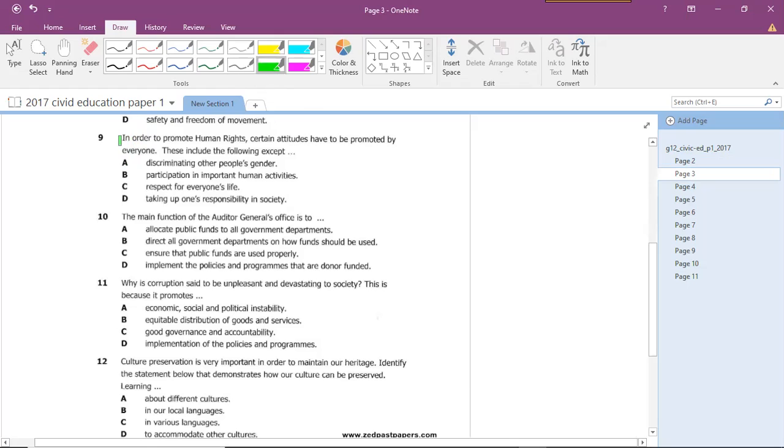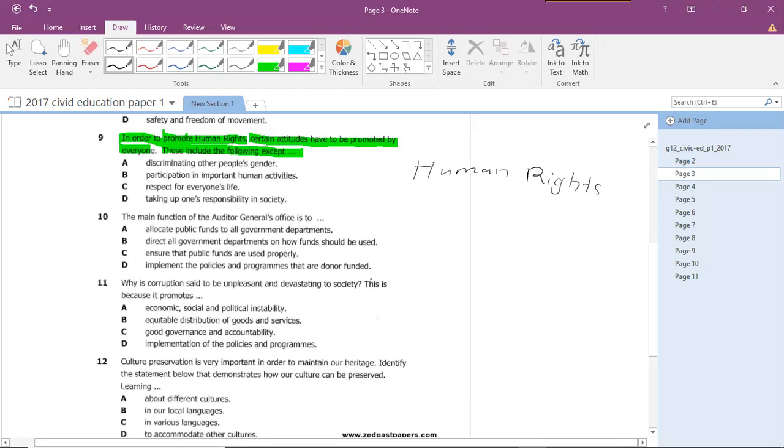Question 9 states that in order to promote human rights, certain attitudes have to be promoted by everyone. These include all of the following except. So you want to obey and promote human rights. To promote human rights, you have to have humane characteristics.